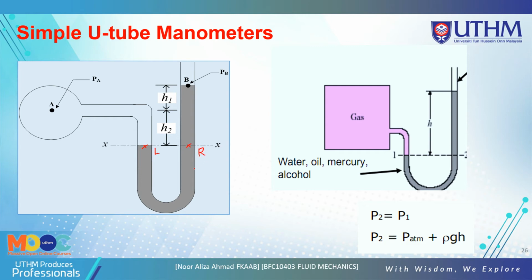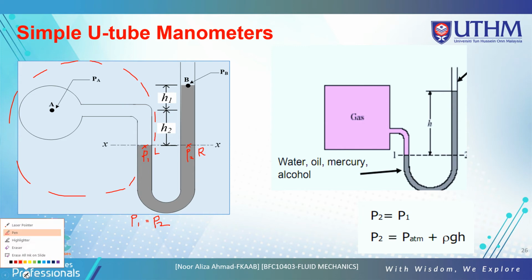So this is P1, this is P2. As per Pascal's law, P1 is equal to P2. The P1 here is based on the left side, and the P2 is based on the right side here.